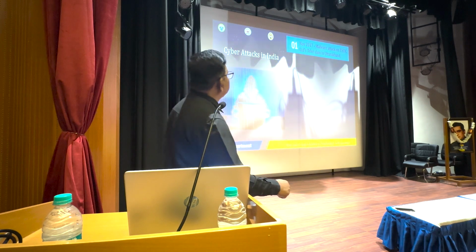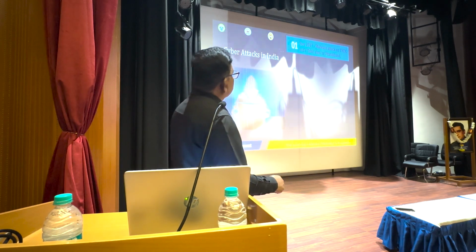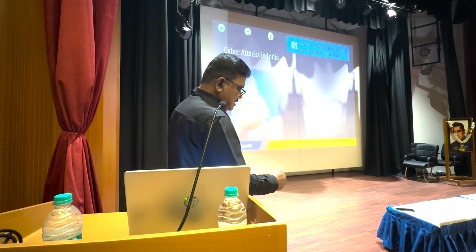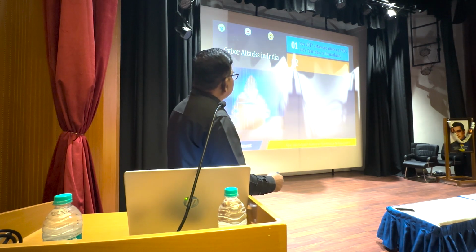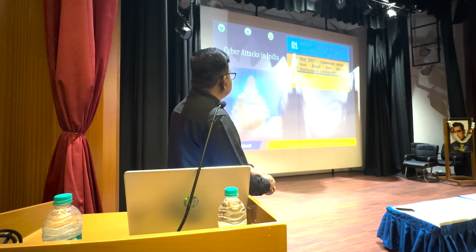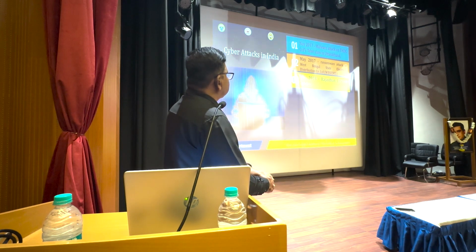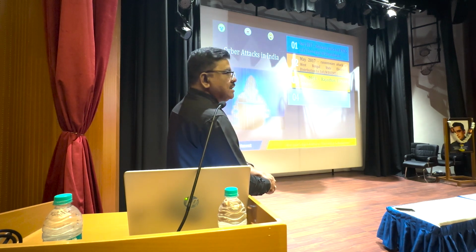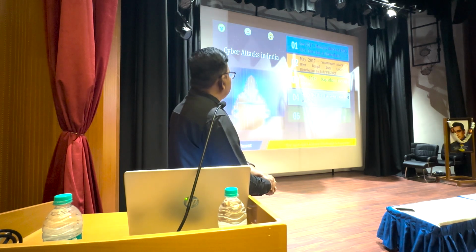Then attacks in India. The first one in 2017, a malware attack on THDC Limited, Tehri Dam in Uttarakhand. Then the second one in 2017, a ransomware attack on the West Bengal State Electricity Board. Third one in 2018, Rajasthan, on a distribution company. In 2018 again, a distribution company in Haryana.